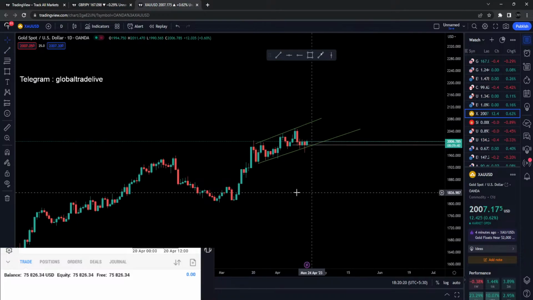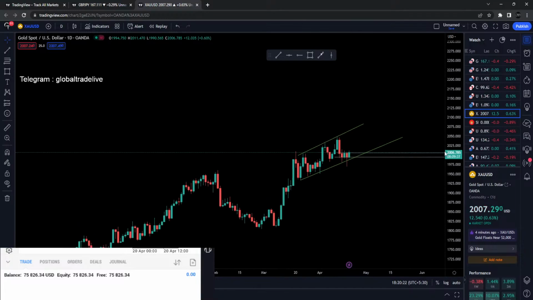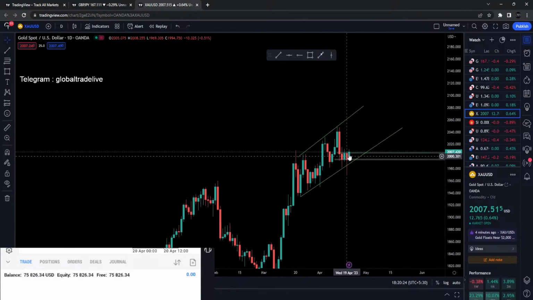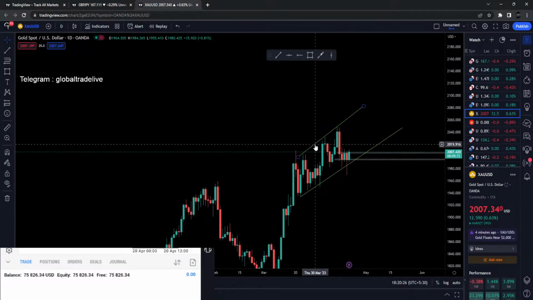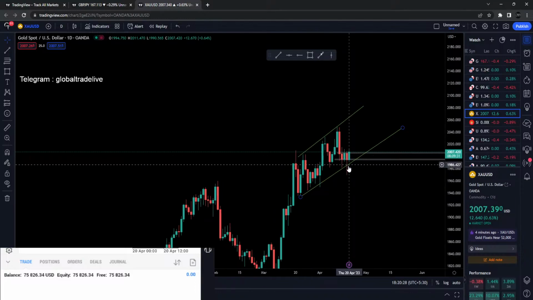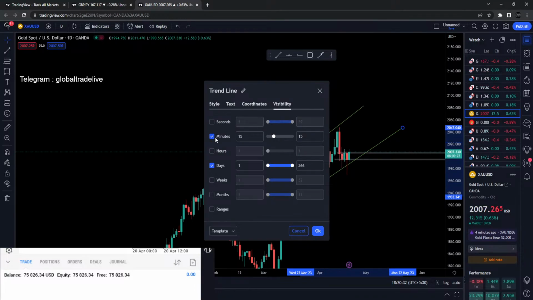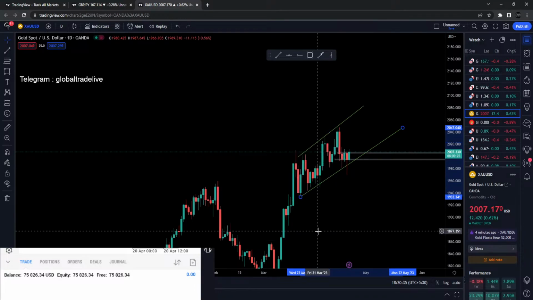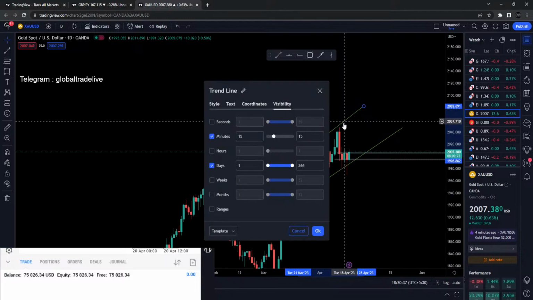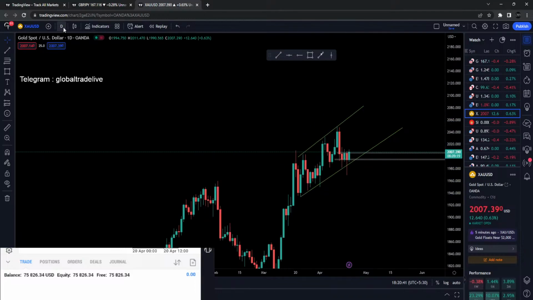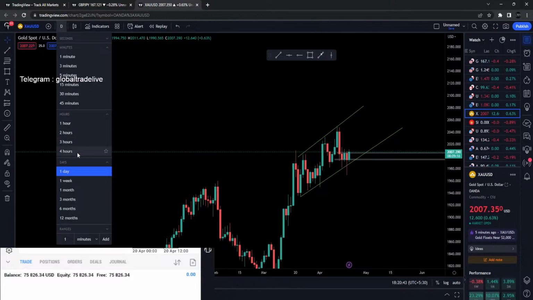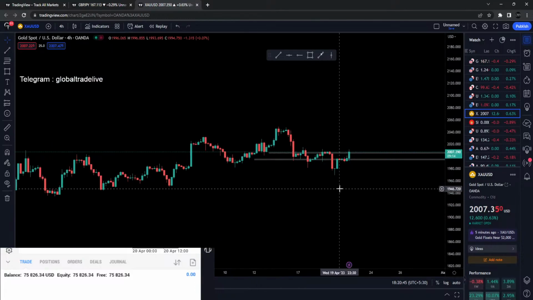By drawing these channels, we know one thing, that the market can possibly move up from this level to this level, because right now the market is at the lower trend line, from where it can really possibly go up. I want these trend lines to be visible in daily only, so I'm gonna make some visibility changes.